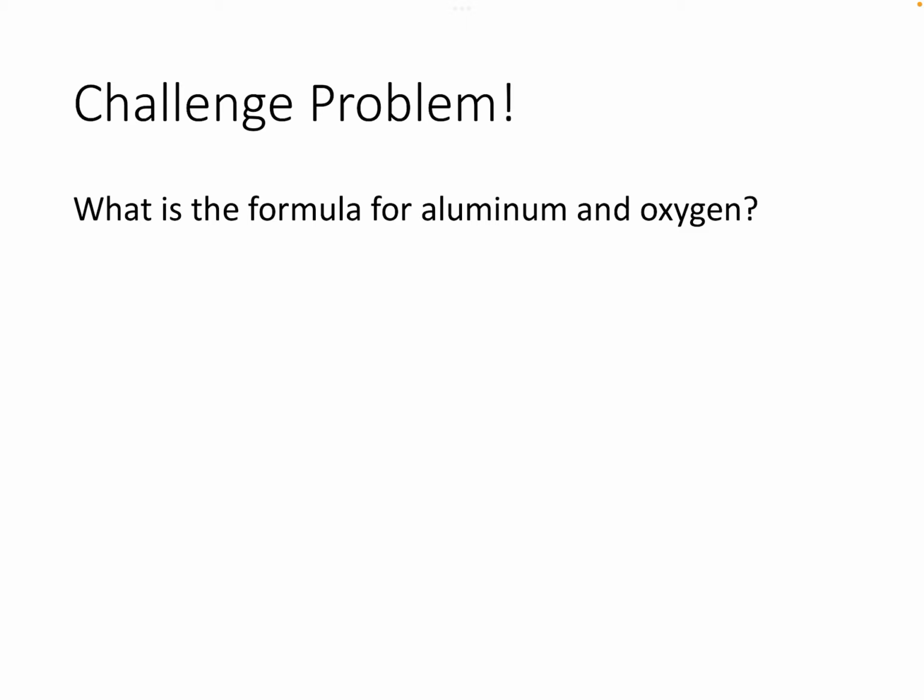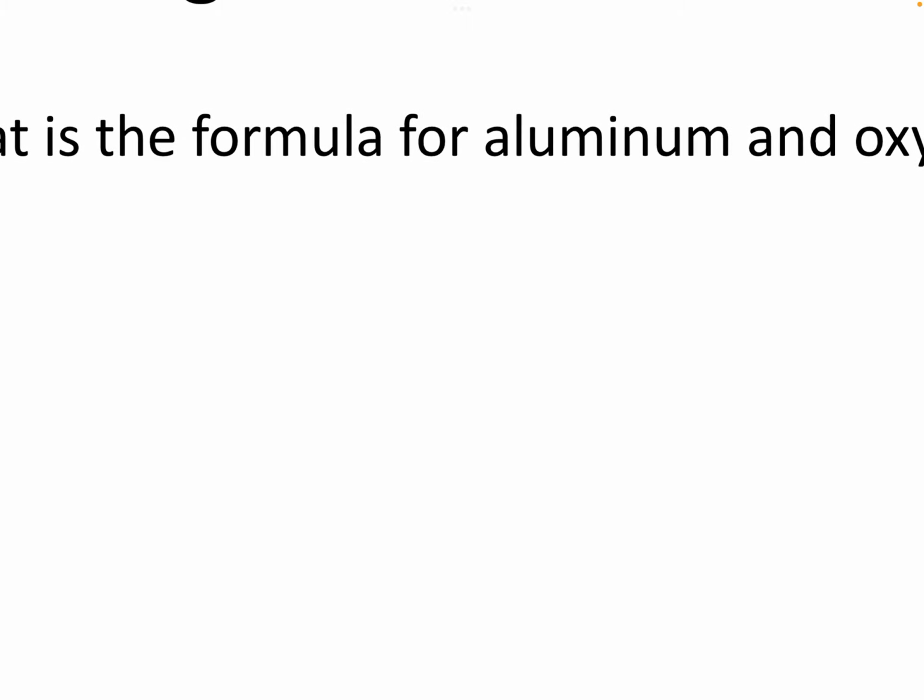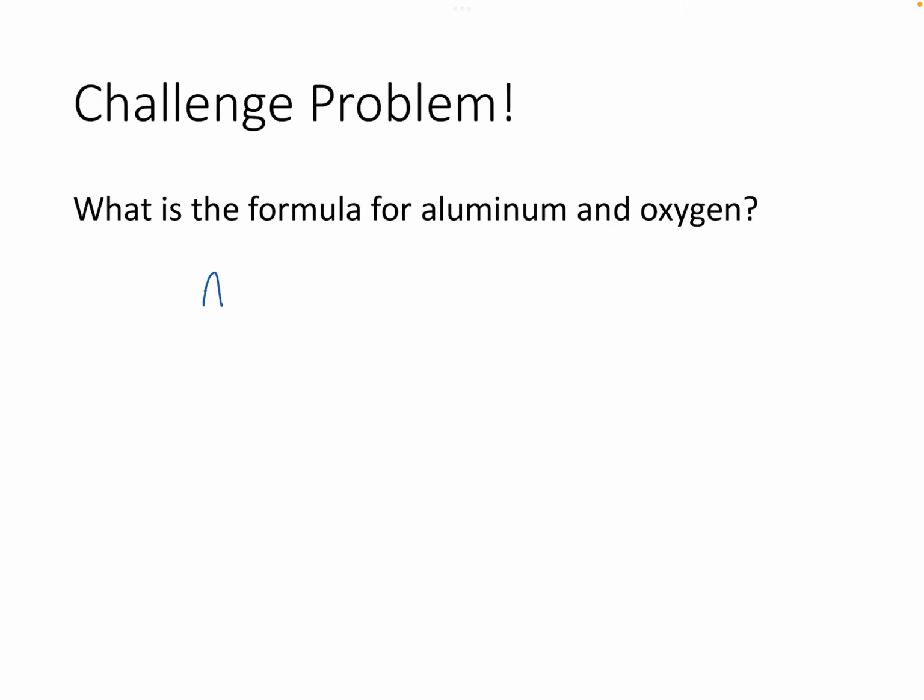All right, so let's look at aluminum. So we just saw that aluminum has 3 valence electrons. So it wants to give up those 3 electrons to become like a noble gas.